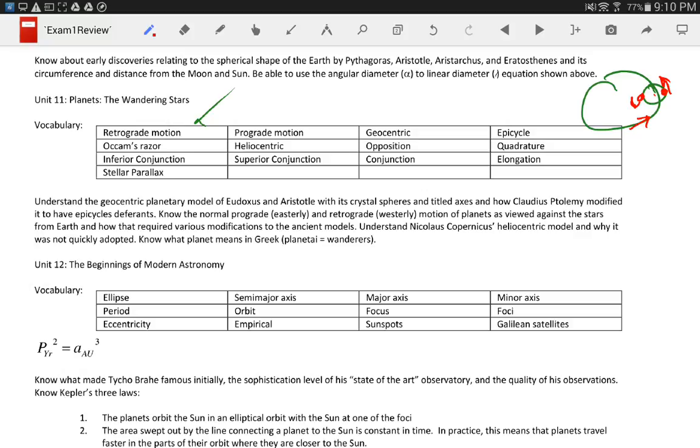So we have the heliocentric model first proffered up, 300 years before the time of Christ, but not getting any real traction in the scientific world until Copernicus came along.